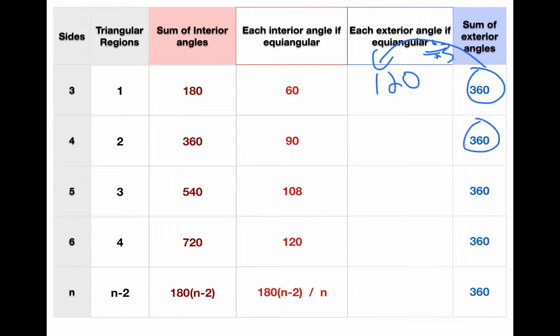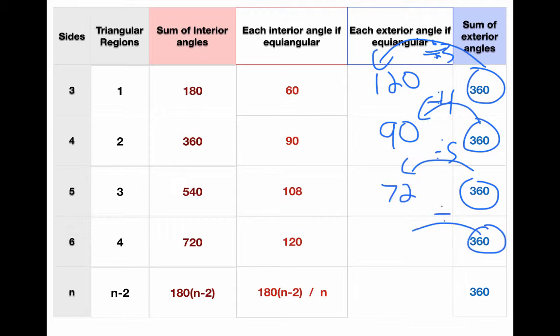If we take 360 and divide it evenly by 4, that is 90 each. 360 divided by 5 is 72 each. 360 divided by 6 is 60 each. And then finally, 360 divided by n is simply 360 over n. So that's the formula for each exterior angle if it's equiangular.